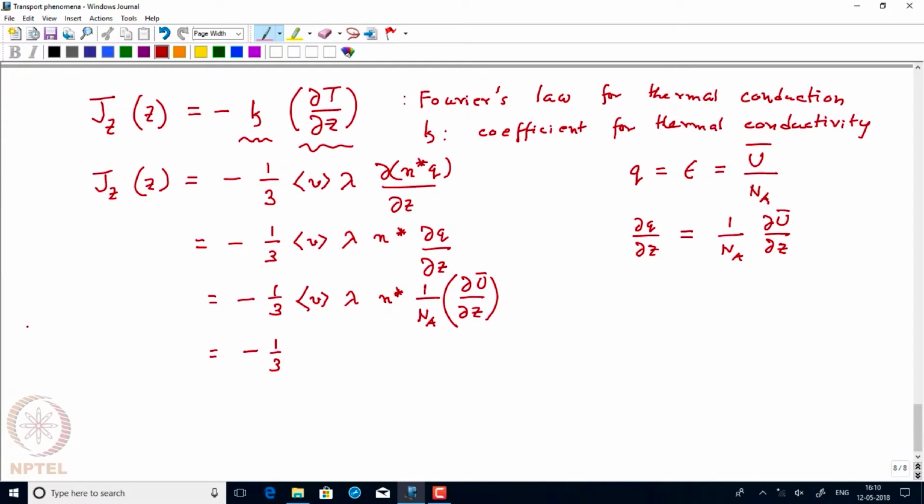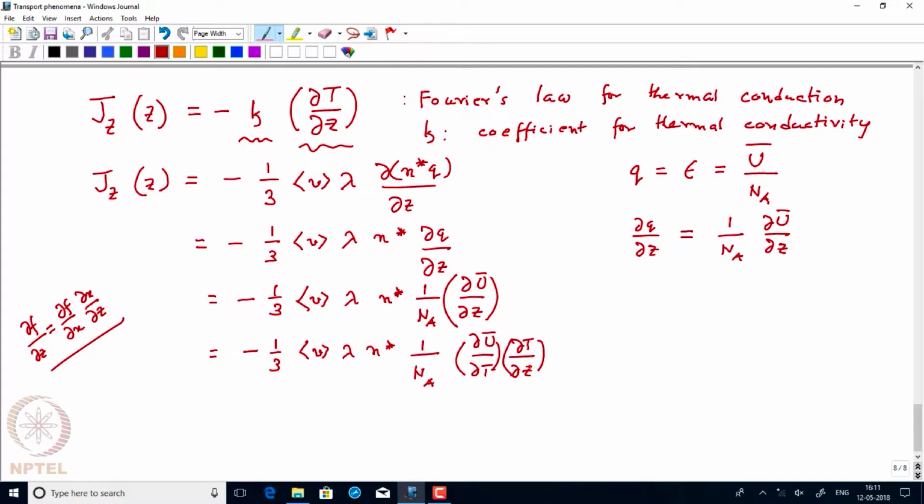We know that if I have a function, let's say del F del Z, I can write it as del F del X into del X del Z, and we are going to use the same formula. So lambda into n star, 1 over Avogadro number, and we are writing it as del U del T into del T del Z. Now what is this quantity?